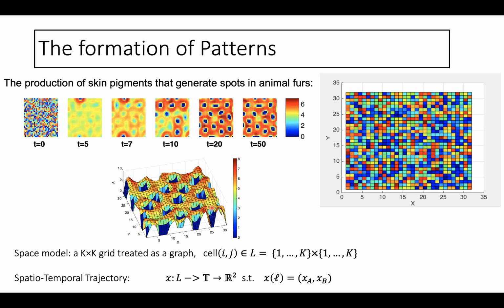As a space model, we consider the regular grid, and we treat it as an undirected weighted graph, where each cell of the grid is a location, and we consider to have edges between connected cells, so between cells that are neighbors in all four directions.